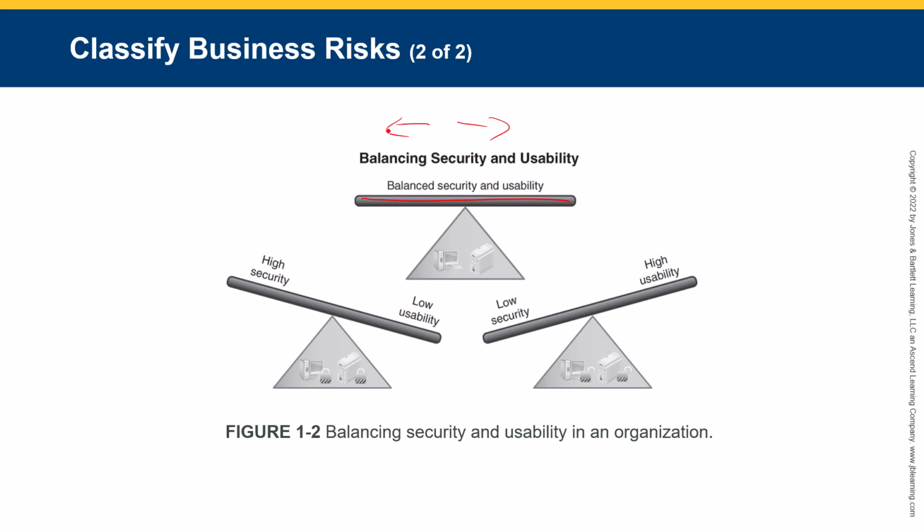So the closer we get to this side, the farther we get from the other side. So in this example, we are increasing our security. That means we're getting further away from usability. So again, it's all about the balance that is appropriate for your organization.